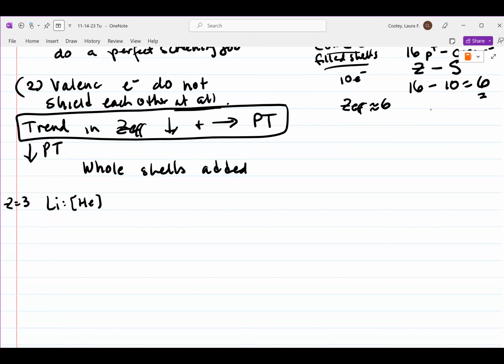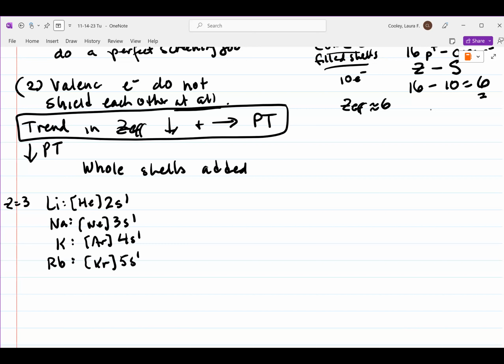Remember, as you go across the next period, it's the next shell. Sodium, not neon, is neon 3s1. You go one down, potassium is argon 4s1. Rubidium, krypton 5s1. So you're adding whole shells, but you have the same number of valence electrons.